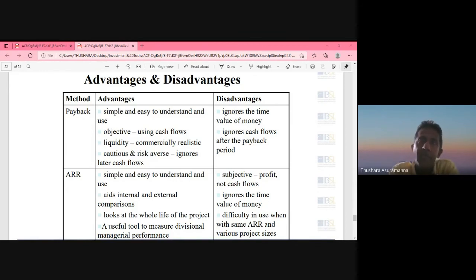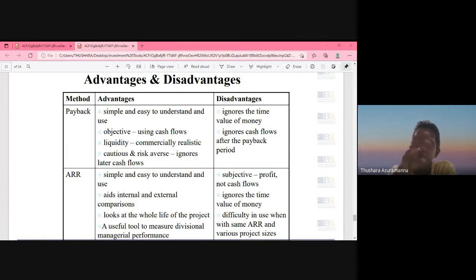Because in a project, after payback, you are not worrying about the future cash flows. Before that, you say payback is 2 years, I'm happy with that. The cash flows happening beyond that are positive, but you're not so interested because you are risk averse, cautious. Similarly, it becomes a disadvantage also. Why?